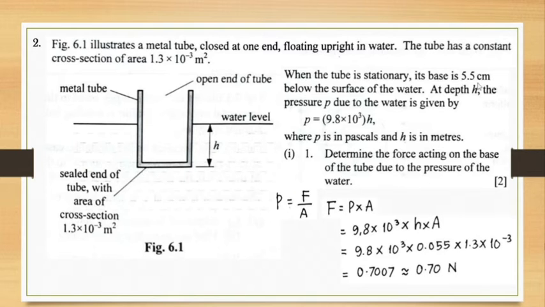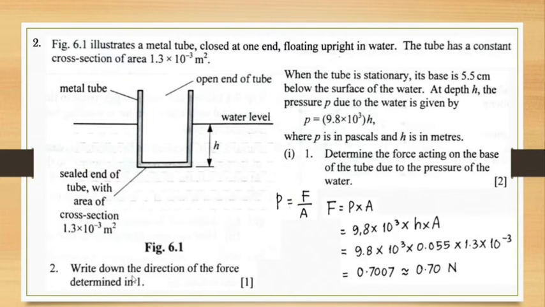The h here is this 5.5 centimeters or 0.055 meters. And the area is this one, 1.3 times 10 to the minus 3 meter squared. So we find F is 0.7007, or 0.70 newtons in two significant figures.